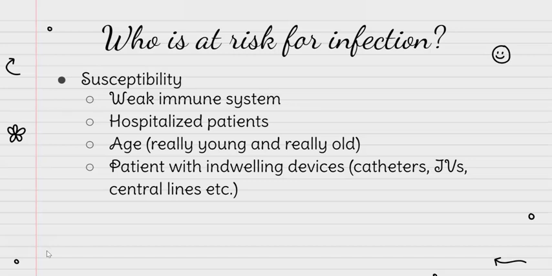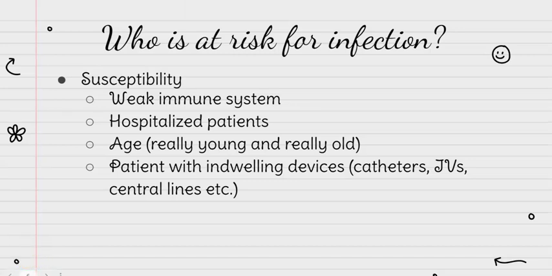Age is a factor as well, a risk factor. If you're thinking really young and really old, they're likely susceptible due to either a weakened immune system or an immature immune system. And then patients with indwelling devices such as catheters, IVs, and central lines are highly at risk for infection.